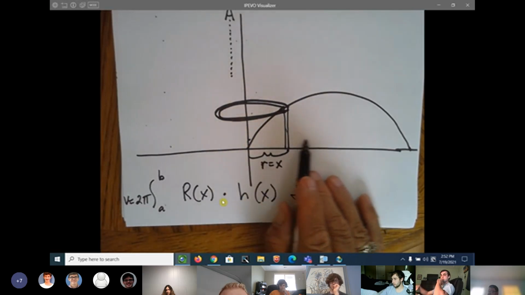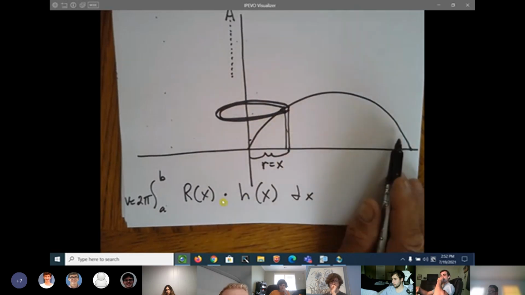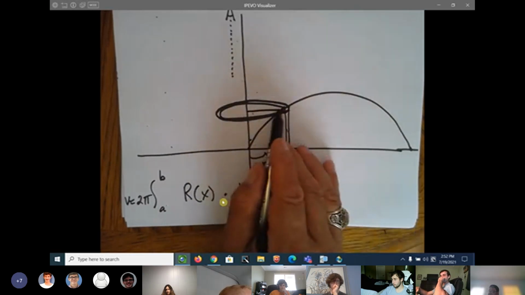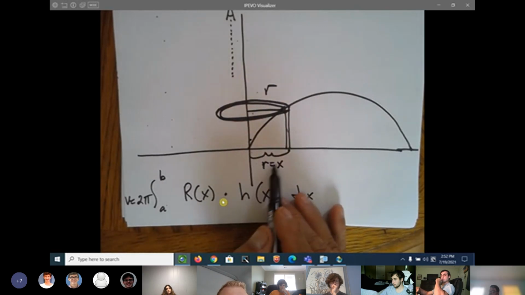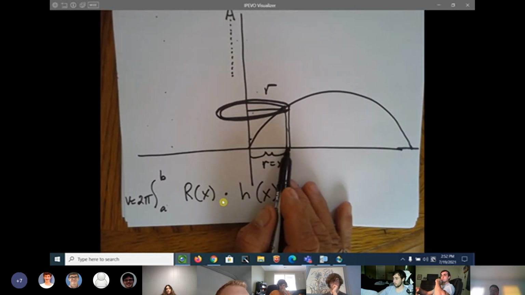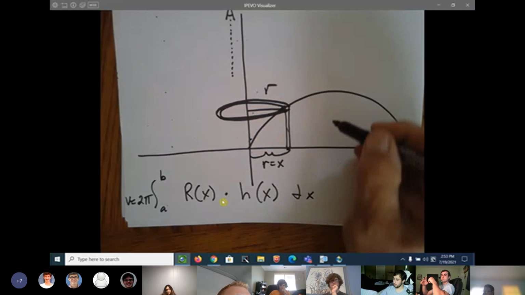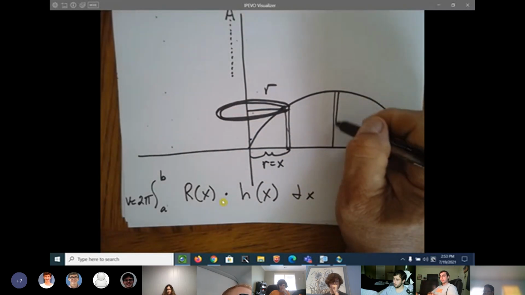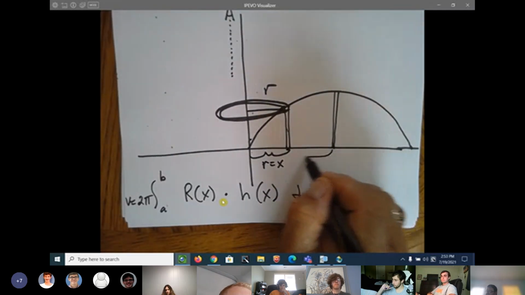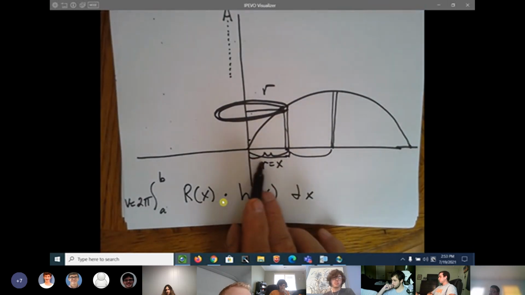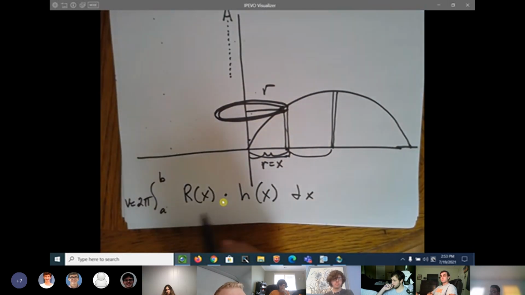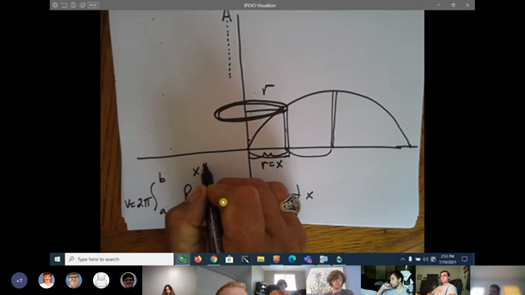So as this guy travels, this is your radius right here. Radius is equal to whatever x point that rectangle is at. If it's right here, then x is your radius. If it's right here, x is your radius. So the radius is going to be equal to x.